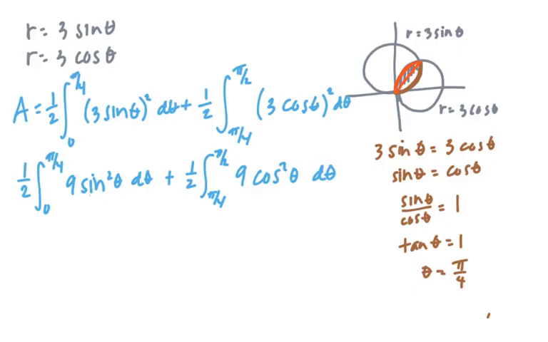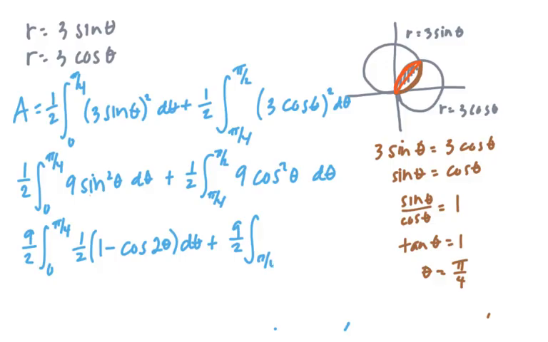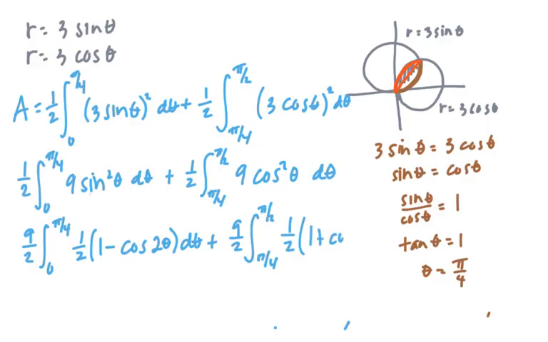So I have 9 over 2 times the integration from 0 to pi over 4, and the sine squared is 1/2 times (1 minus cosine of 2 theta) d theta. And then we have 9 over 2, the integration from pi over 4 to pi over 2, and we have 1/2, I pulled that 9 out front, (1 plus cosine 2 theta) d theta.